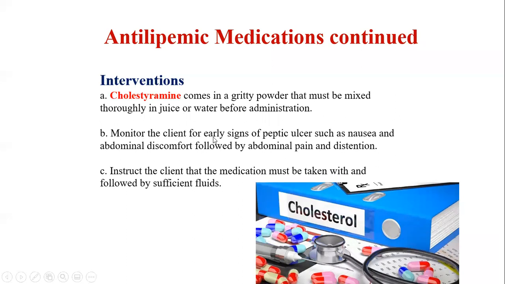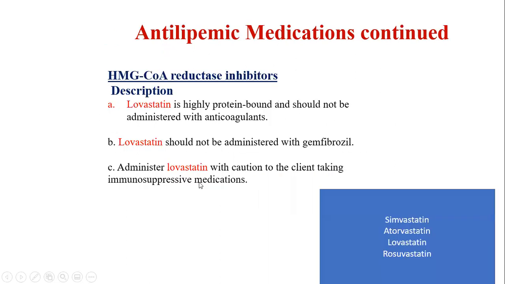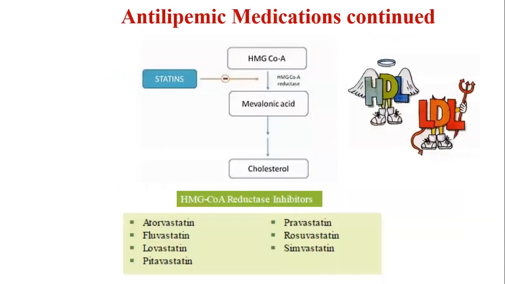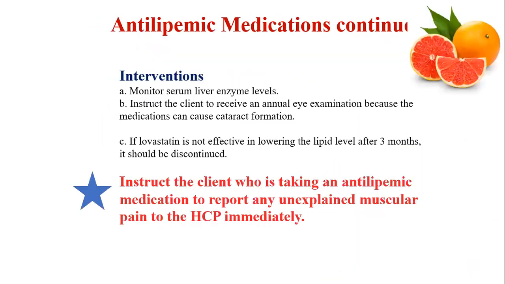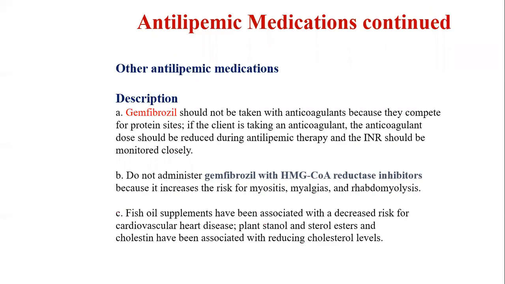Monitor the client for early signs of peptic ulcer, such as nausea and abdominal discomfort, followed by abdominal pain and distension. Instruct the client that the medication must be taken with and followed by sufficient fluid, so it is easily expelled from the body.